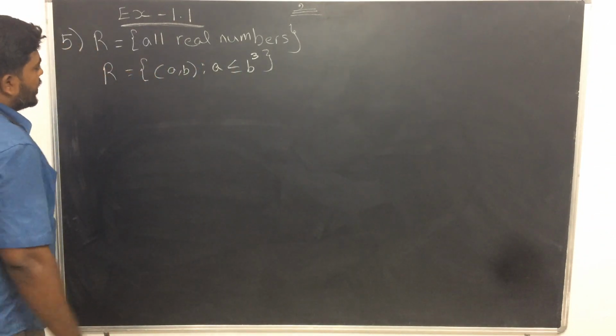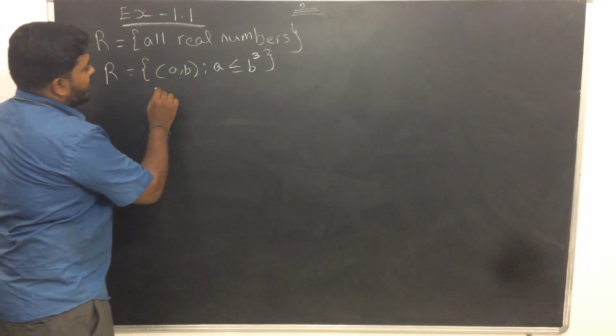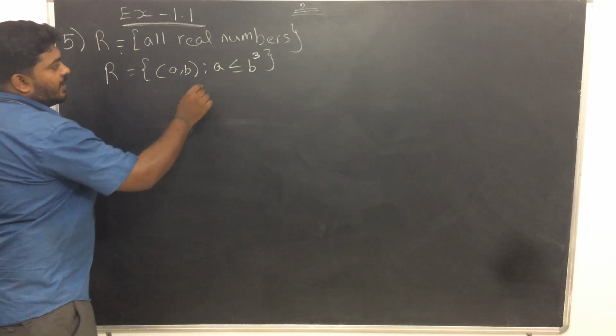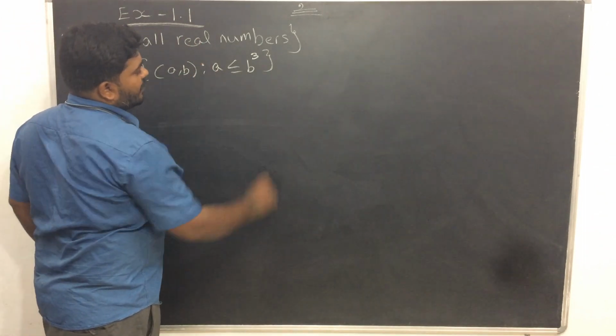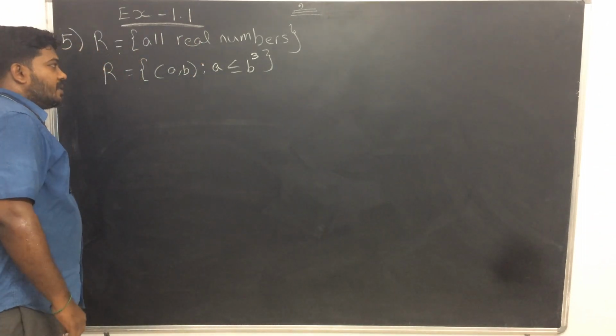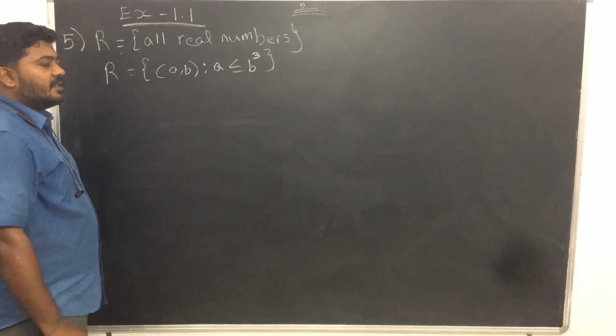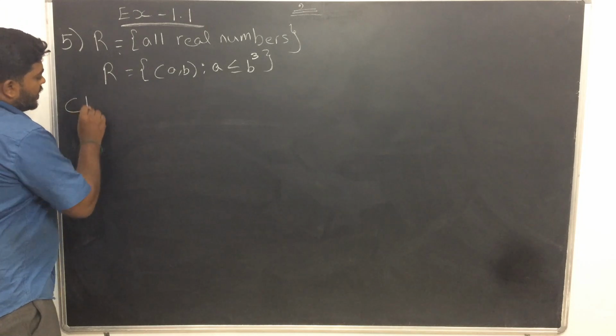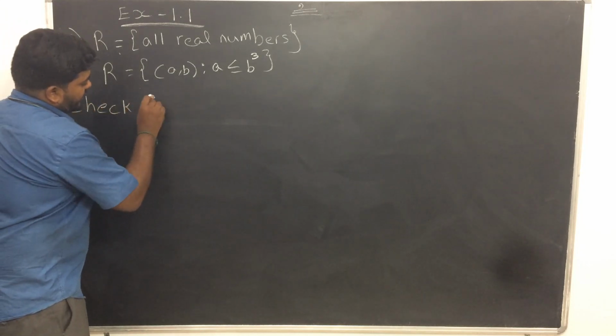Okay, and relation R is defined on this set of all real numbers such that a is less than or equal to b cube. Now we are asked to check if this relation is reflexive or symmetric or transitive. Okay, you will start with reflexive.